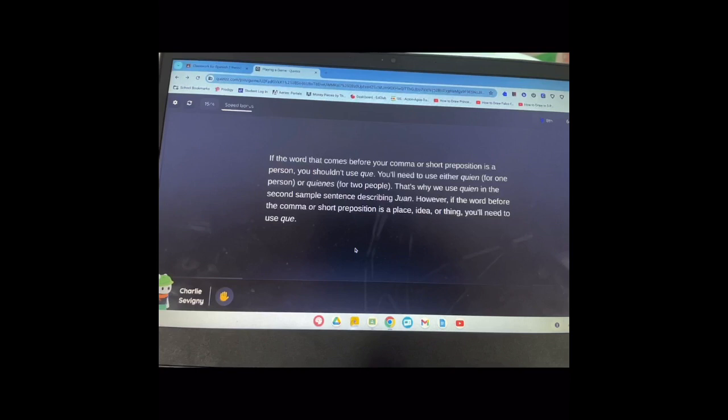However, if the word before the comma or short preposition is a place, idea, or thing, you'll need to use que. So just remember, if it's a place, idea, or a thing, use que, but if it's a person, use quien, but if it's 2 or more people, use quienes.